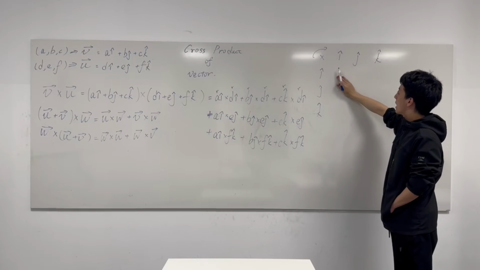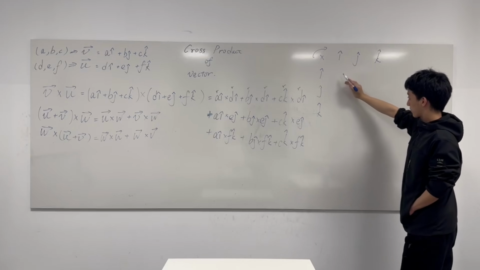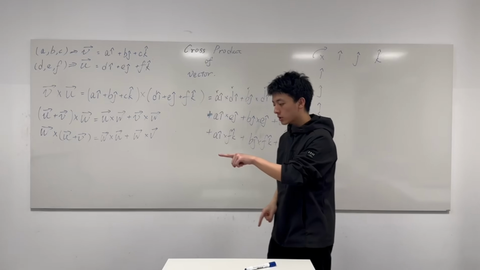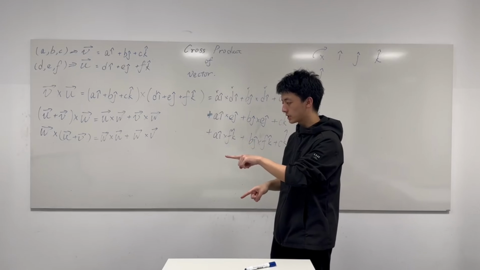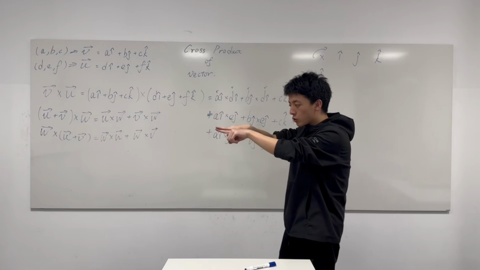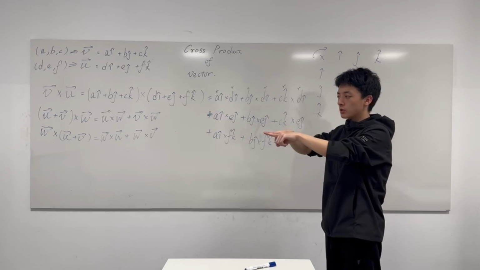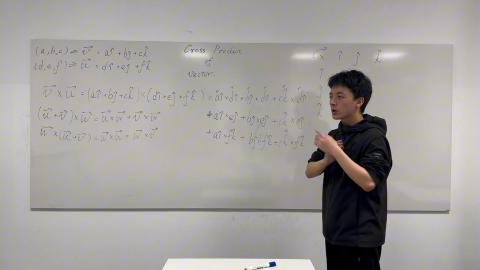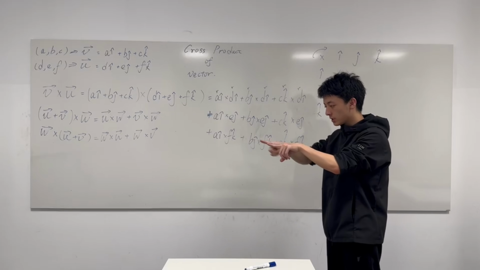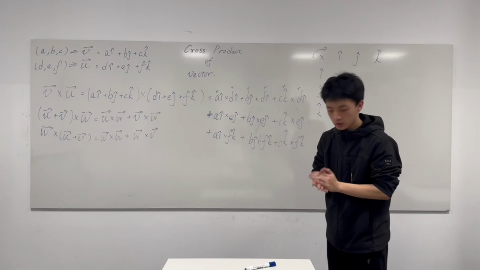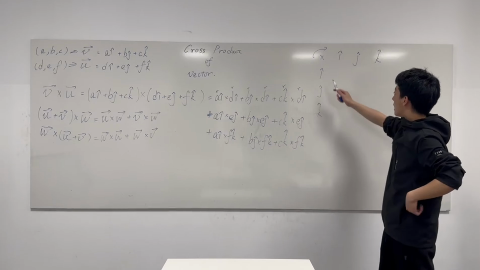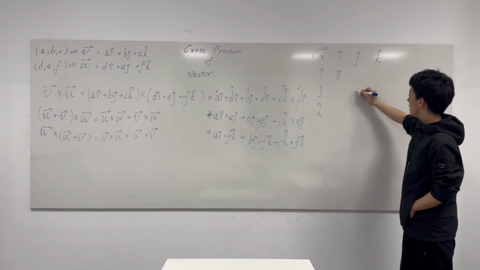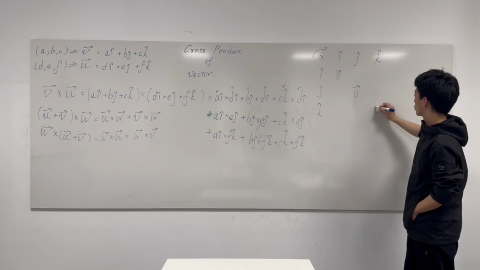So here is I cross product with I. We know that a vector cross product with itself, two vectors exactly the same, forms a parallelogram whose area is 0. So the cross product of I with I is the 0 vector. The same for J, 0 vector. And KK is also the 0 vector.